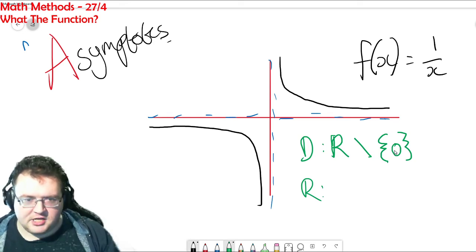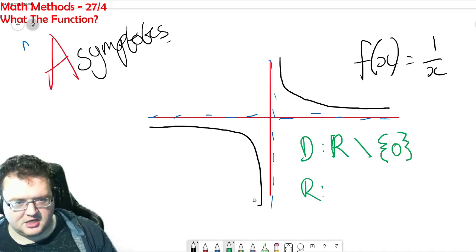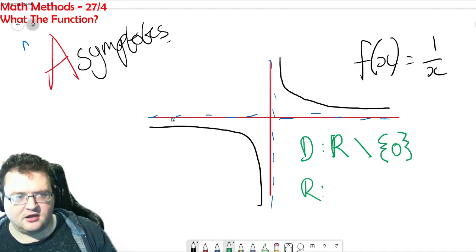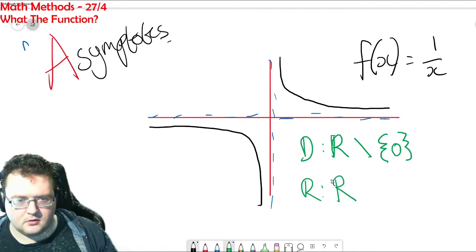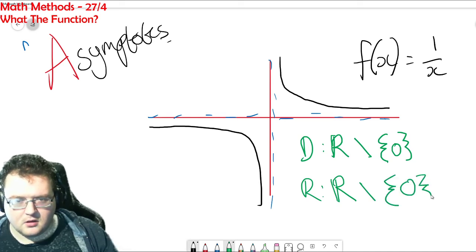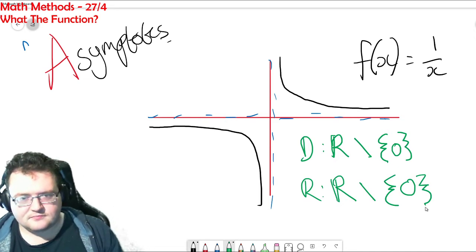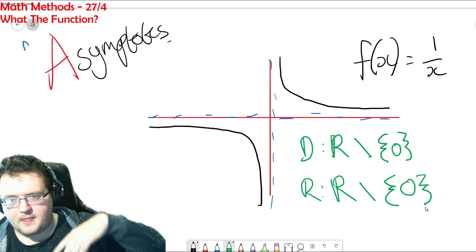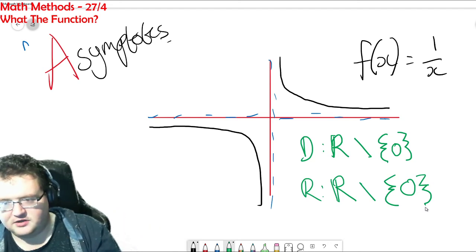And my range is going to be the same because I can have a value here, a value here, a value here. I just can't have a value that is literally on my asymptote line. So that is how we can exclude particular values.